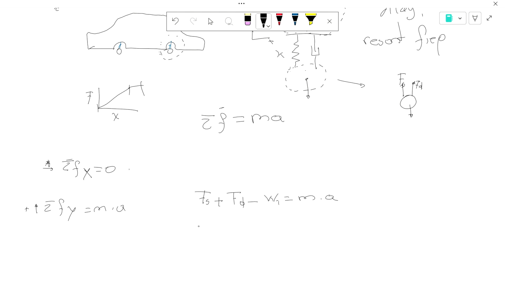All right, so what is F spring? It is K times Y, the distance in Y. F damping is usually B, a constant, and this could be pretty fancy. It could be a viscoelastic material, so it might not be a constant. It could be a function of time and a function of position, but let's not worry about that right now.